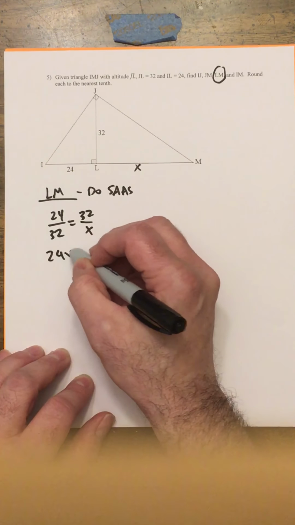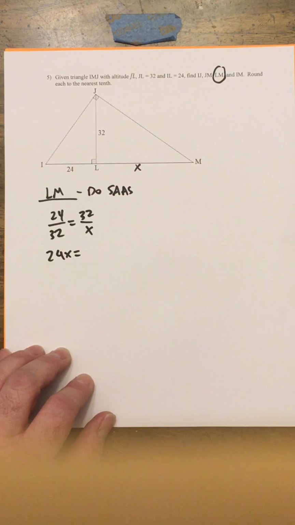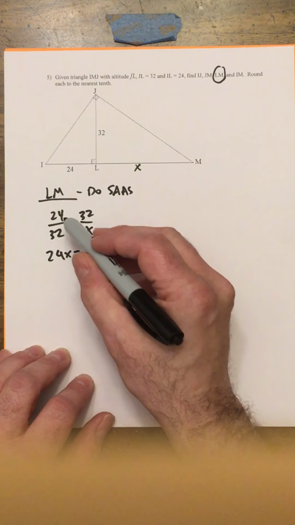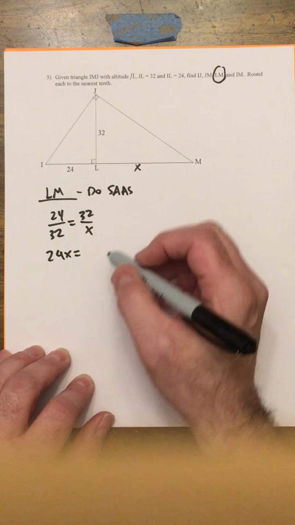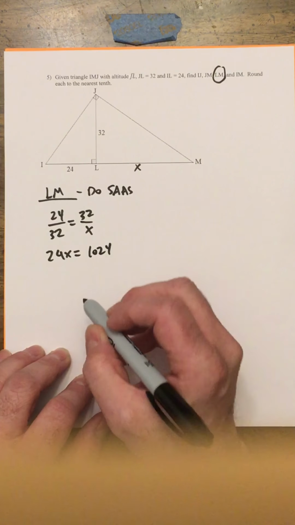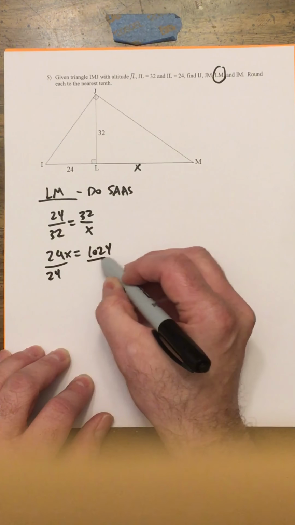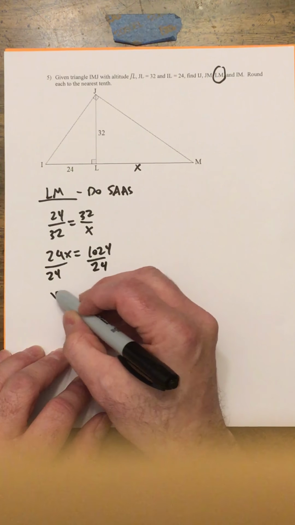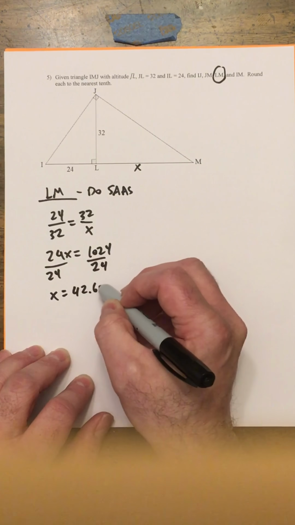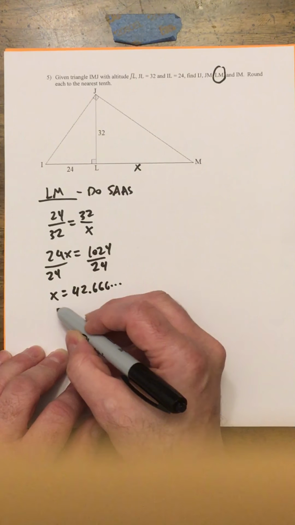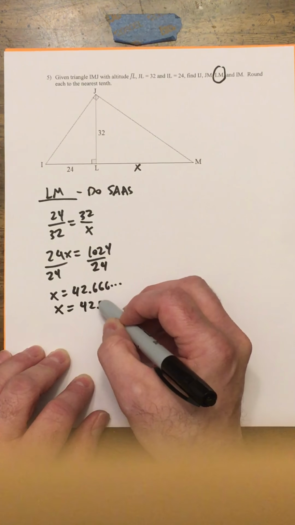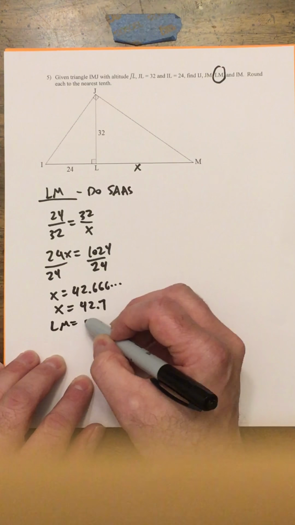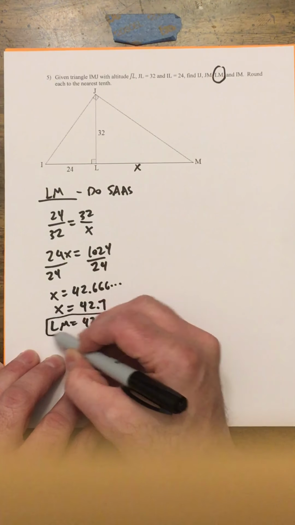Cross multiply, you get 24x equals, I'm sorry, 24x equals 1024. Divide by 24. And you get x is 42.6 repeating. And that rounds, because it says to the nearest tenth, x equals 42.7. LM equals 42.7.